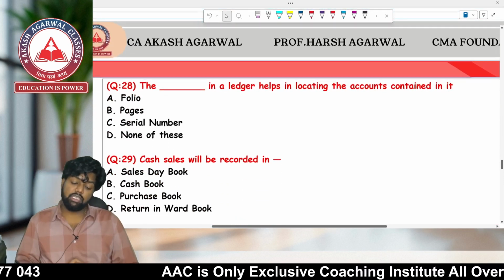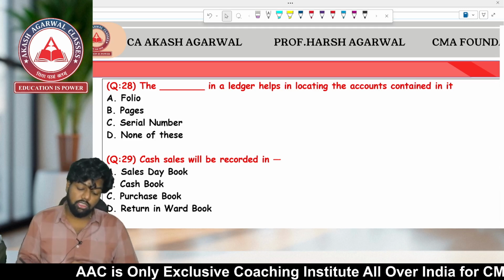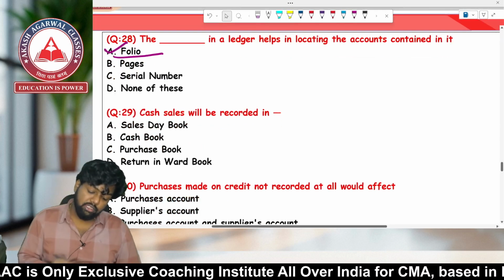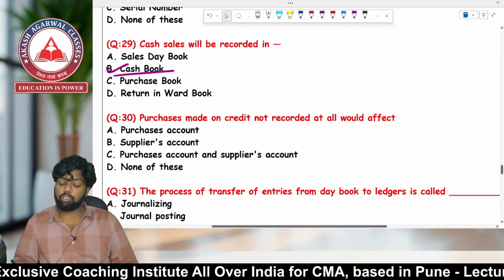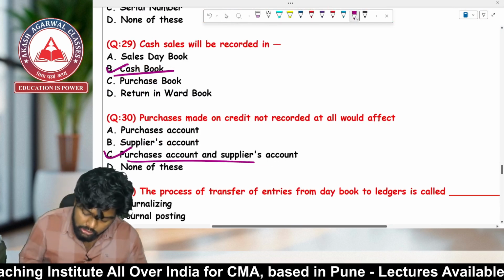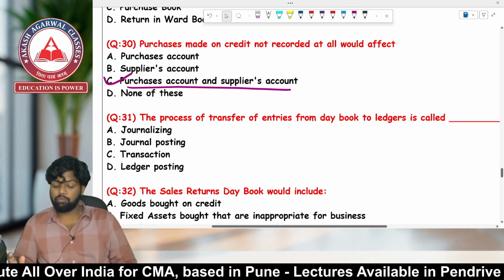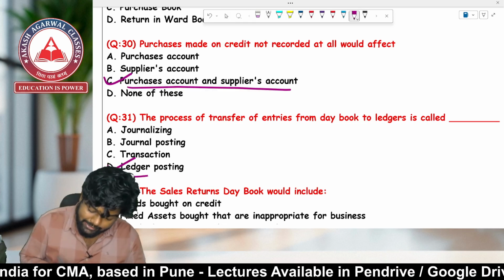The dash in the ledger that helps in locating the accounts is the folio. Cash sales will be recorded in the cash book. A purchase made on credit and not recorded at all will affect the purchase account and the supplier account. The process of transferring entries from the day book to the ledgers is known as ledger posting.